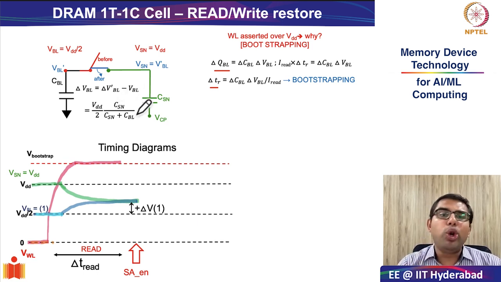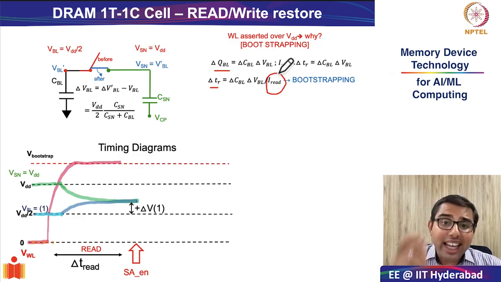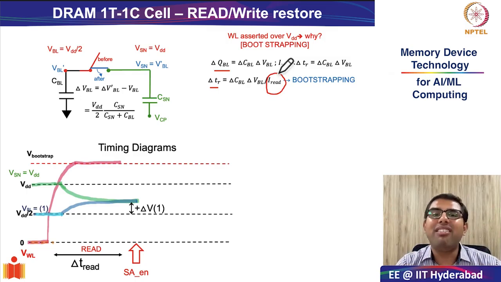So what can we do to ensure that delta T read is small, because you want very small read latency? The only thing that you can essentially play with to make sure that read times are small is your I read value. And since I read is in the denominator of the equation, somehow we have to bump up the read current.